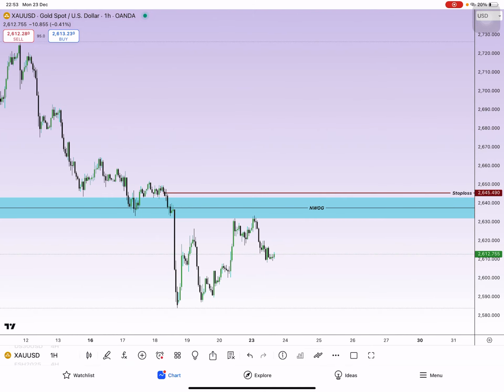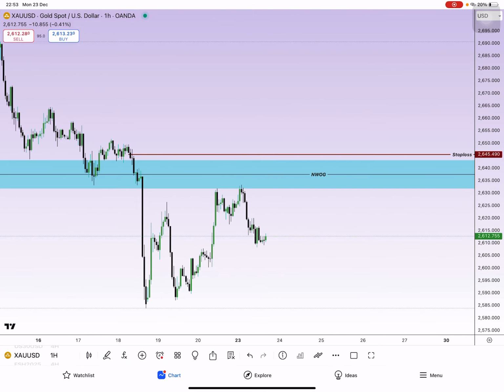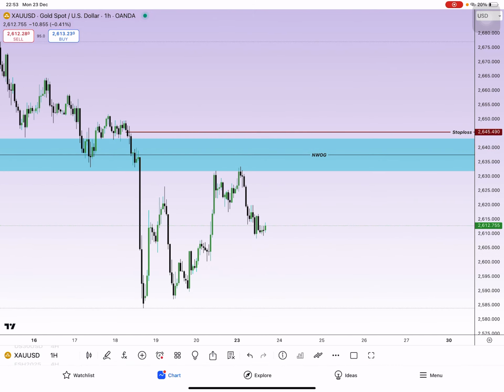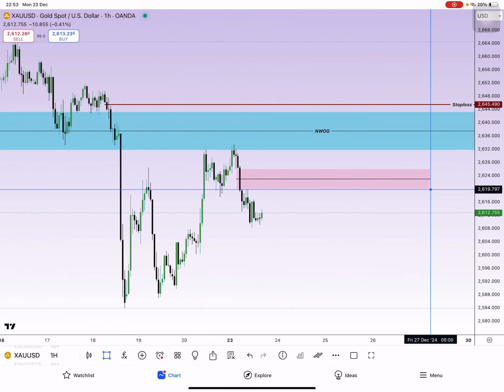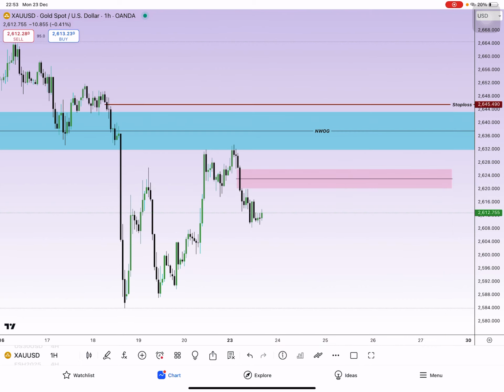And yeah, so we need to look for an entry, which I can see. We can get an entry in this zone. You see this fair value gap in 1 hour.